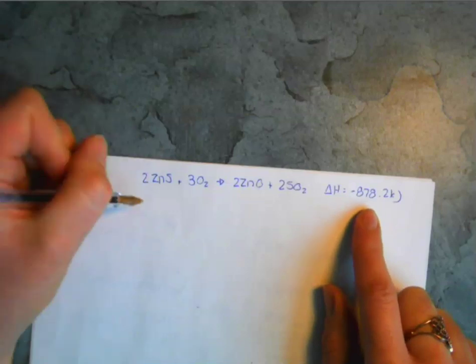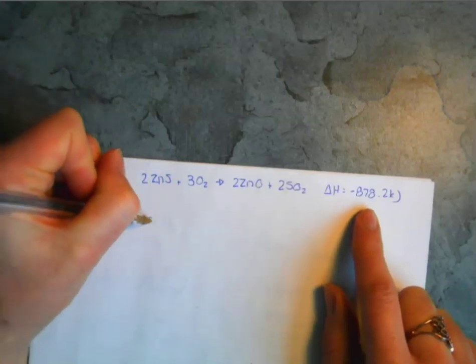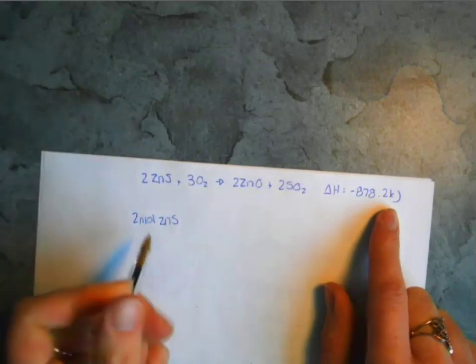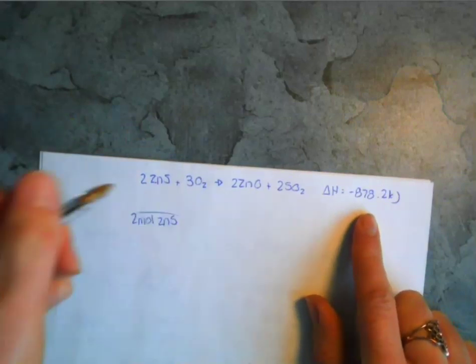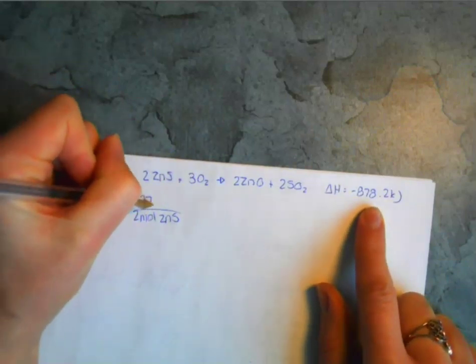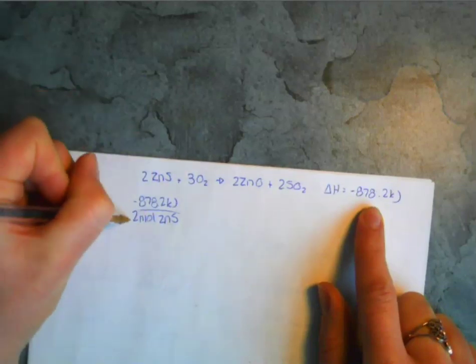Obviously that's going to be half, but the math is: we have 2 moles of zinc sulfide, and we have negative 878.2 kilojoules being released per 2 moles.